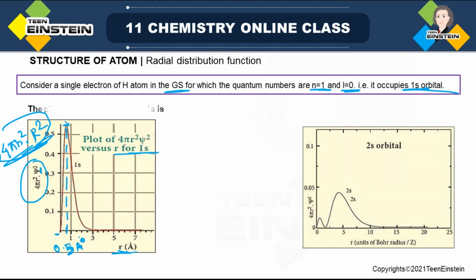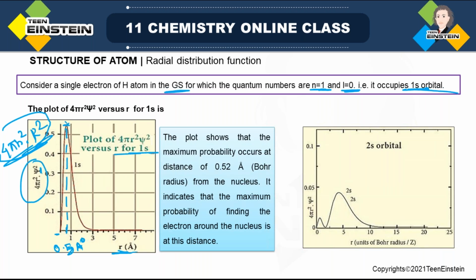So from this graph, it is giving you the idea about the maximum probability, which is occurring at 0.5 angstrom. It is also known as the Bohr radius from the nucleus. So it indicates that the maximum probability of finding the electron around the nucleus is present at this particular distance, which is 0.5 angstrom. This information you can get from this picture.